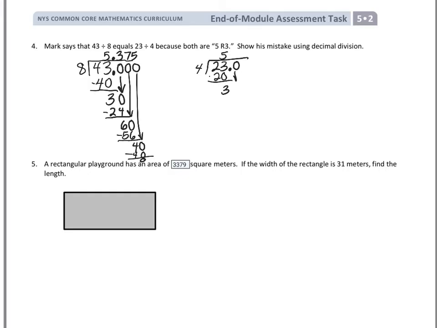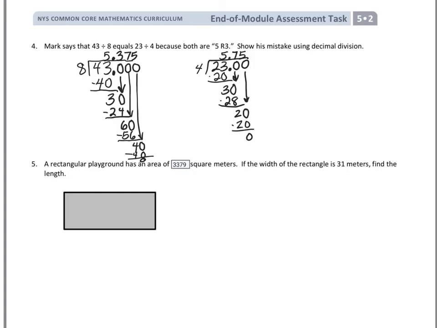Bring down another 0. 4 goes into 30 7 times. 7 times 4 is 28. If I subtract, I have 2, and then bring down another 0. And it looks like 4 goes into 20 5 times. And 4 times 5 is 20. So we are finished with this decimal division.